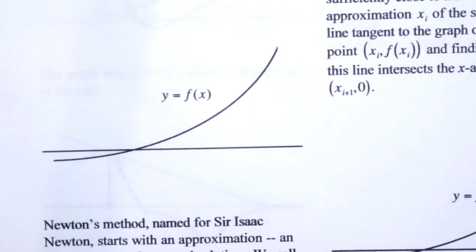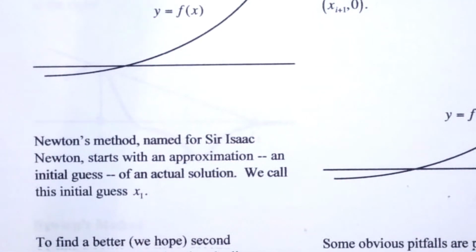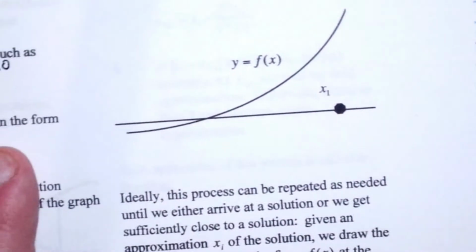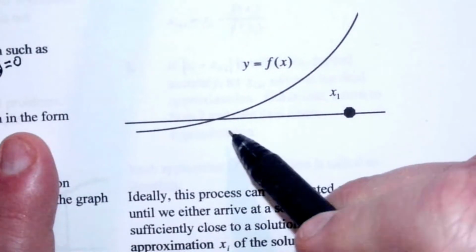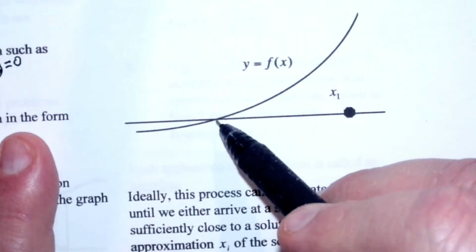Newton's method, which is named for Sir Isaac Newton, starts with an approximation, or what you might call an initial guess, of an actual solution, and we call this initial guess x1. Now here's what happens. Imagine that this is the f of x, and we're trying to find this x-intercept.